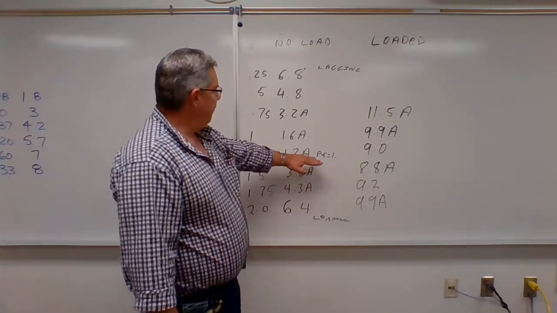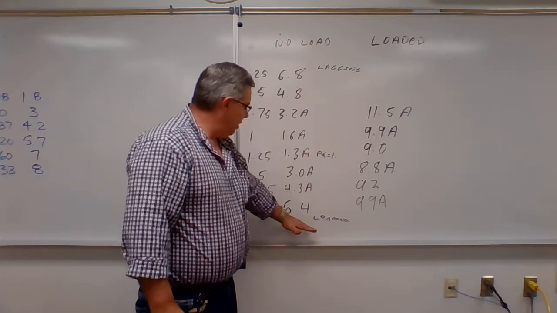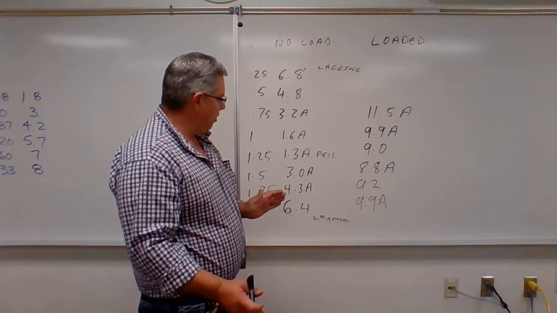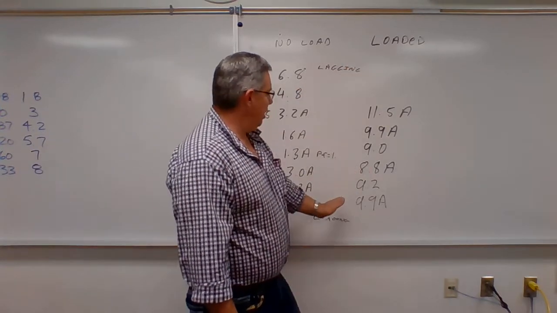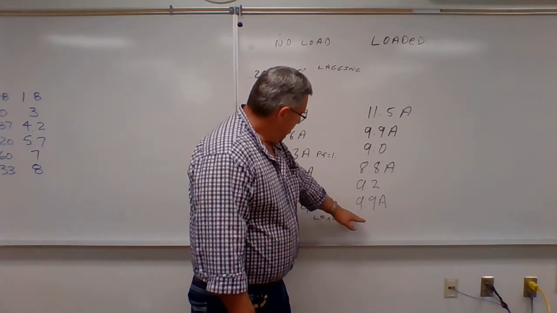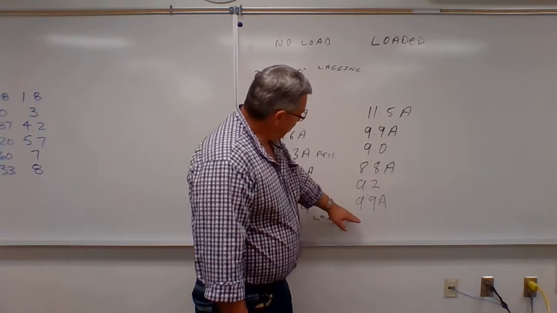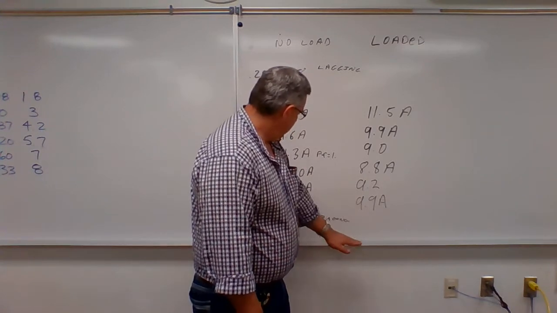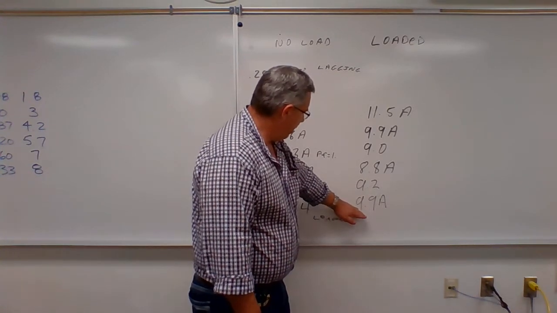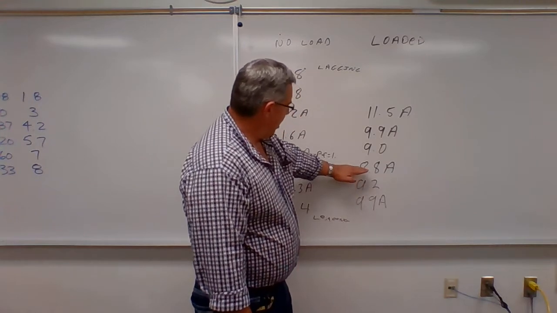The further we get away from that unity power factor, the more leading or the more lagging it gets. Once we loaded that machine up, we started here and dropped down the current. You can see that we were slightly leading here, 9.9 amps, came down to 8.8.